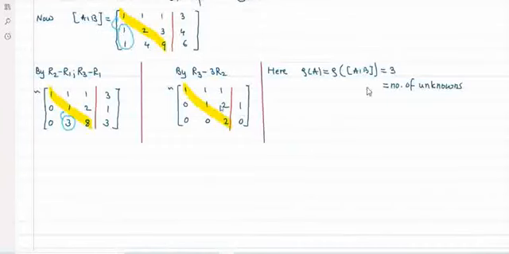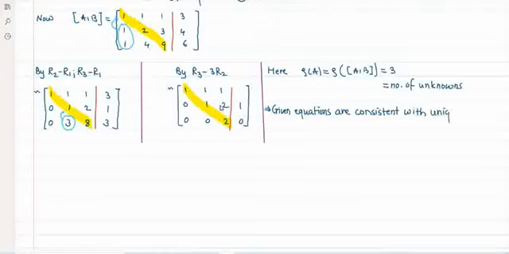So this implies the given equations are consistent with unique solution.